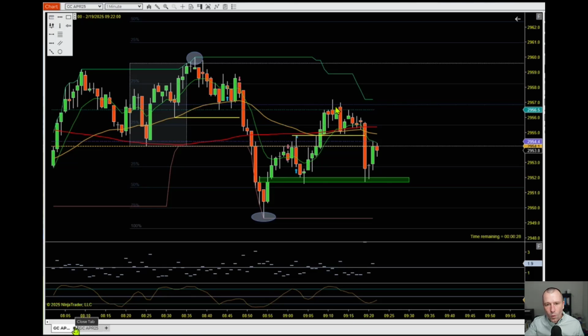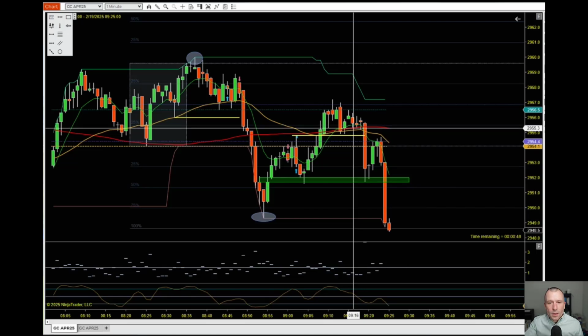We did come from one side of the red line to the other side of the red line. And usually the first pullback after a cross like that is good for a little bit of continuation. Because we were still respecting this volume imbalance, I did not get into this trade. But this does work actually quite nicely. And you can see we get a really impulsive move down.